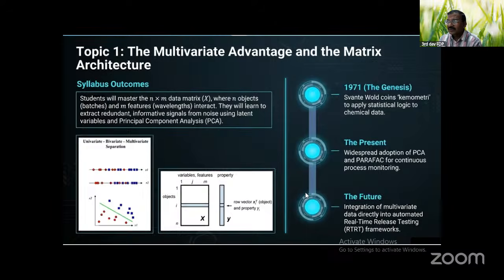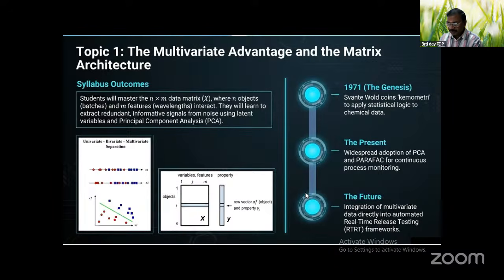Previously, Svante Wold coined the term chemometrics, to apply statistical logic to chemical data. Presently, PCA and PARAFAC analysis are adopted for continuous process monitoring.